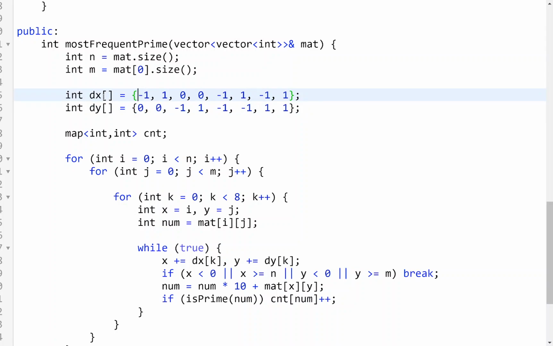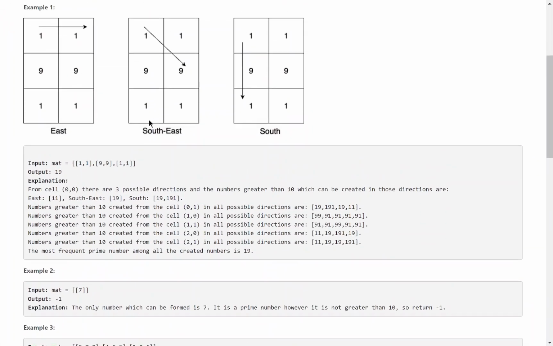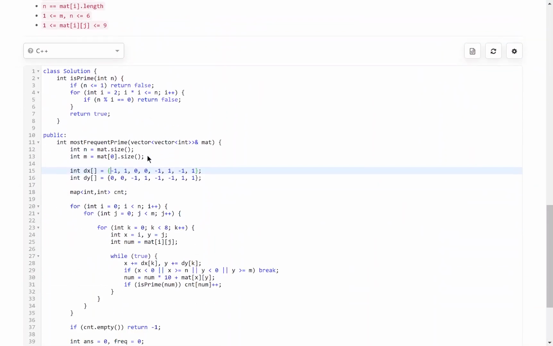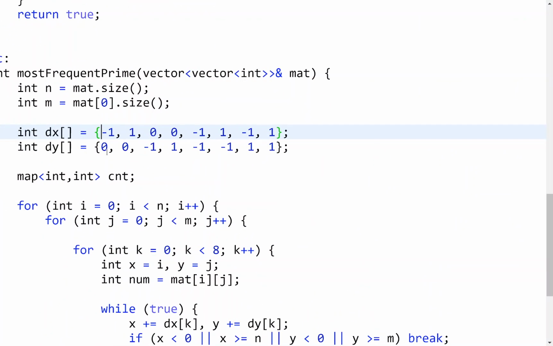If you see dx and dy, the first element of dx and dy represents a direction -1, 0. Whatever cell you are at, go to the previous row in the same column. 1, 0 suggests go into the next row with the same column. 0, -1 represents staying in the same row but going to the previous column.